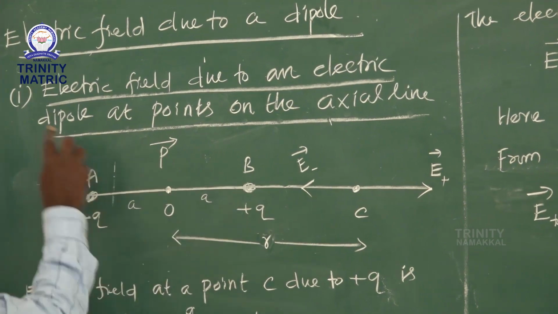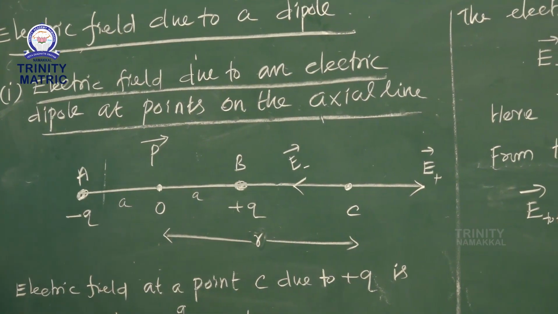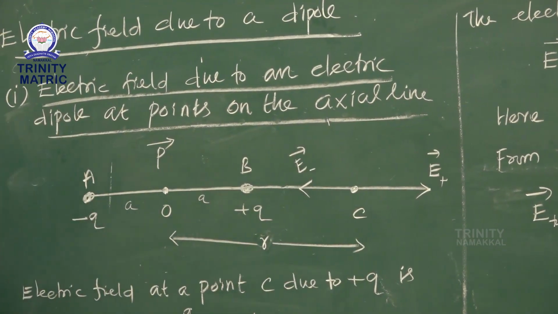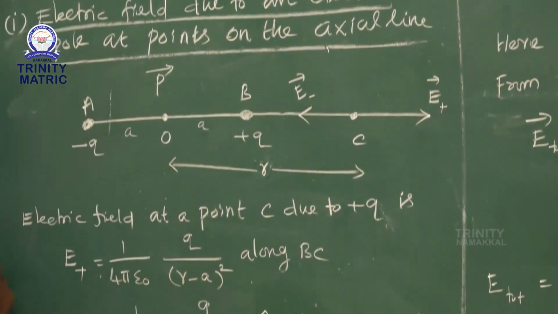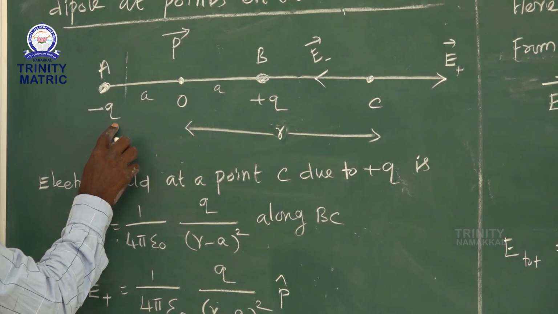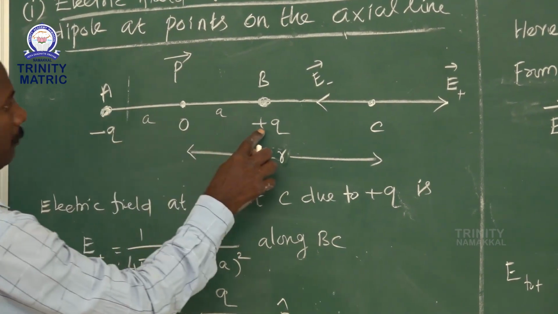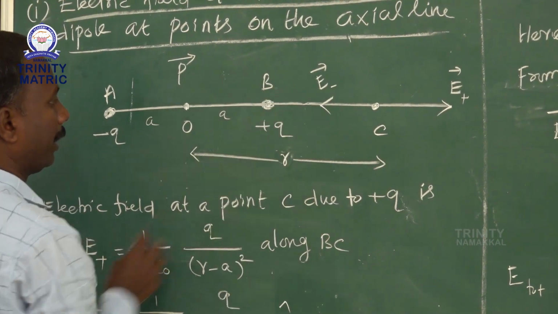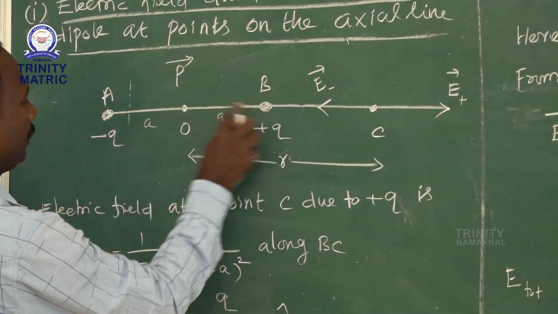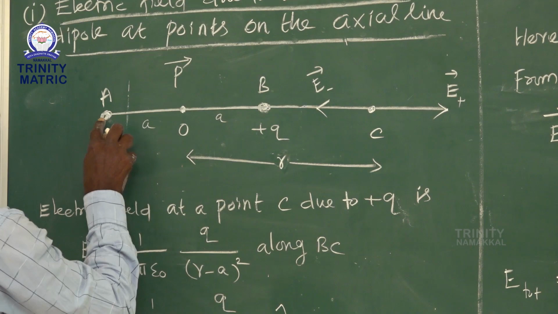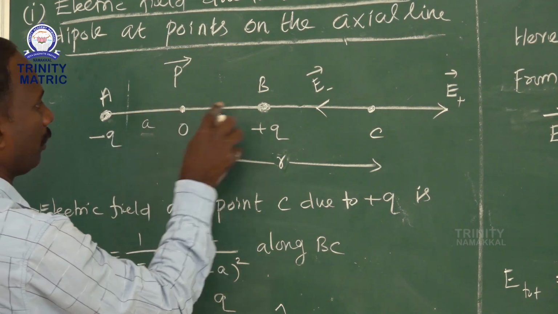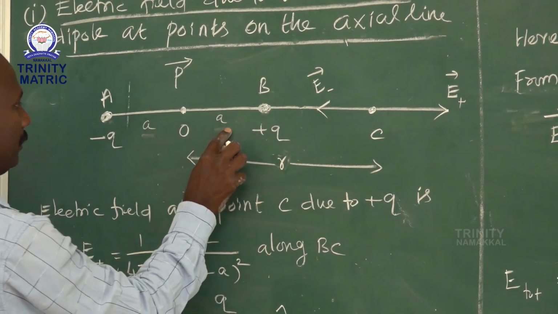Now move on. See, first one, the axial line. The electric field due to the dipole. See the diagram. The minus q is placed at point A and plus q is kept at point B. The distance between these two charges is 2a, and from the origin, minus q is at a and plus q is at a.